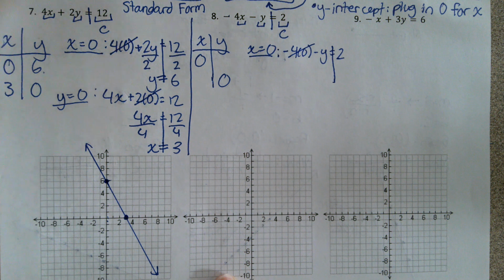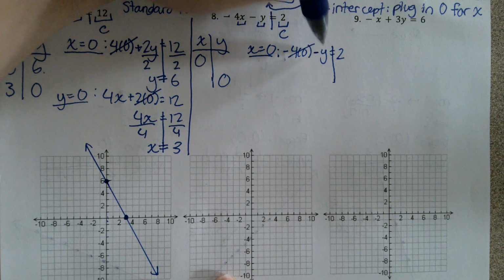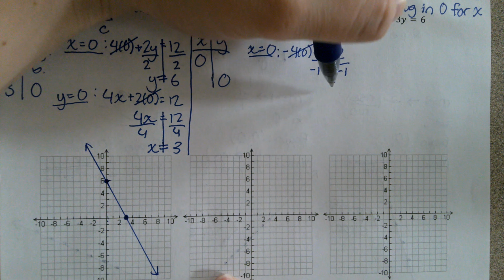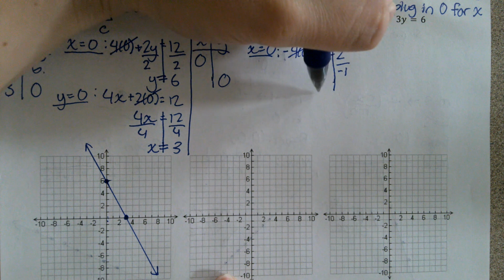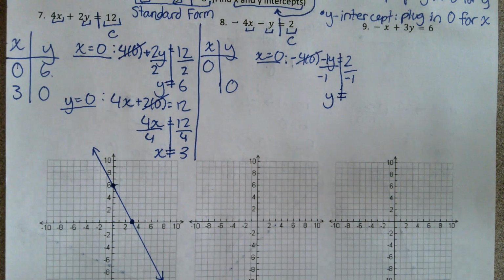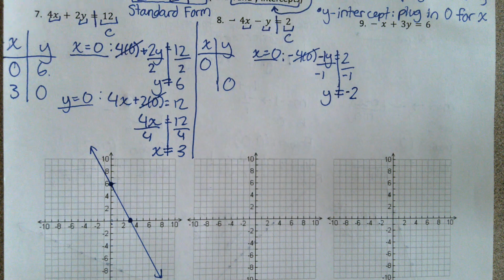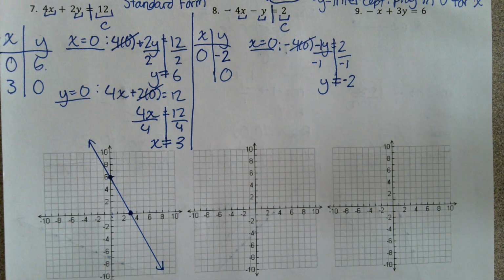We have negative y equals 2. And remember, this is like a negative 1. So we divide off the negative 1 because we just want a 1 in front of y. Basically, we don't want a negative y. We want positive y. These cancel. 2 divided by negative 1 is negative 2. So when x is 0, y is negative 2.